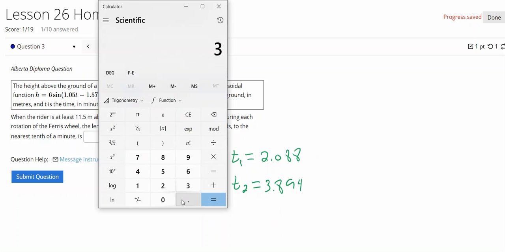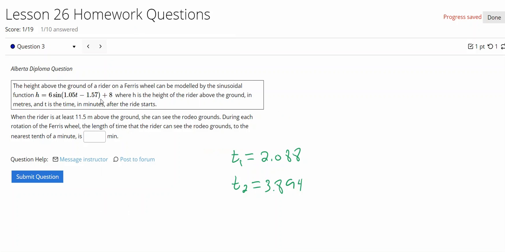So we got 3.894 minus 2.088. So 1.8 seconds. Not seconds, minutes. I thought that was pretty short. 1.8 to the nearest tenth of a minute. So yeah, 1.8.